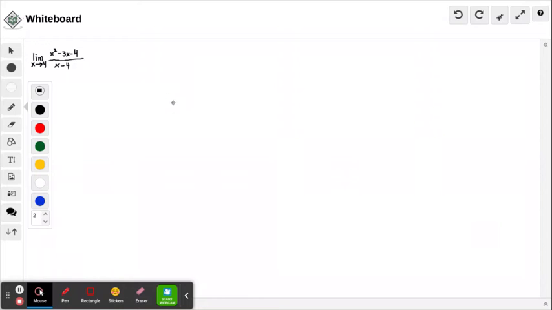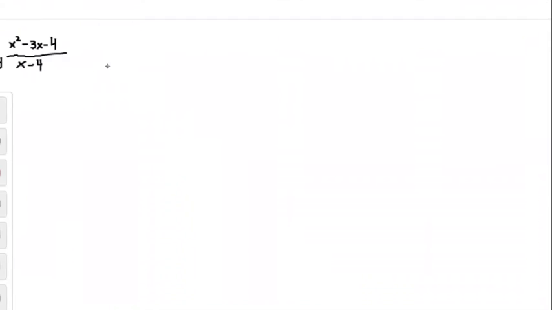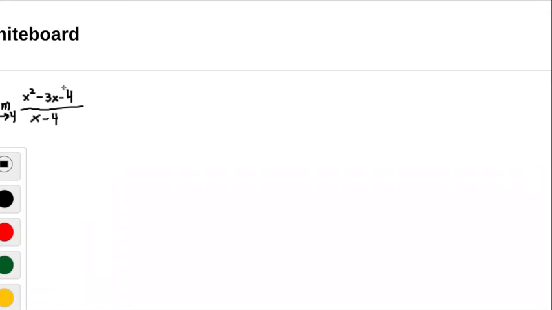Say you have this function x squared minus 3x minus 4 all over the quantity x minus 4, and you want to find the limit of that function as x approaches 4. Well, the first thing you might try and do is plug in 4 for x, and let's see what happens when we do that.